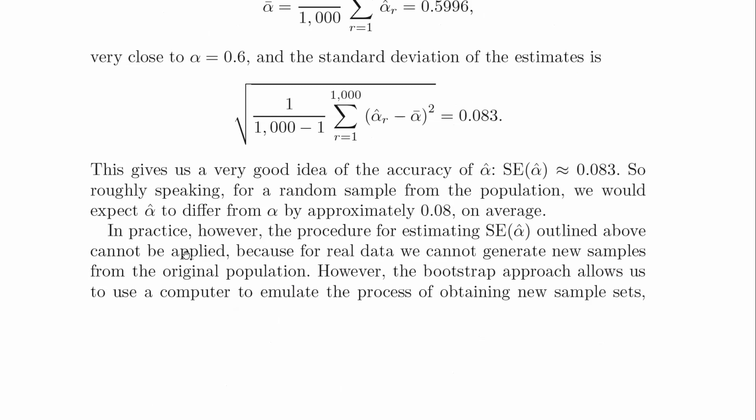Now, in practice, and this is what we've been saying, the procedure for estimating the standard error of alpha hat outlined above cannot be applied because for real data, we cannot generate new samples from the original population.